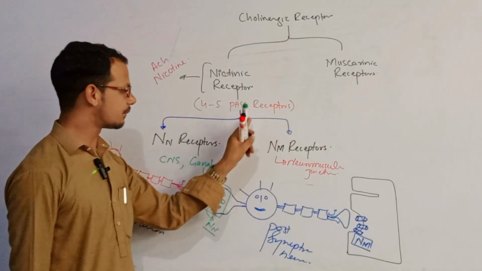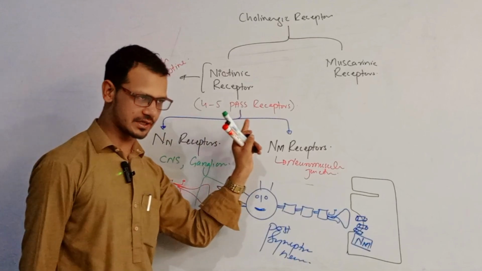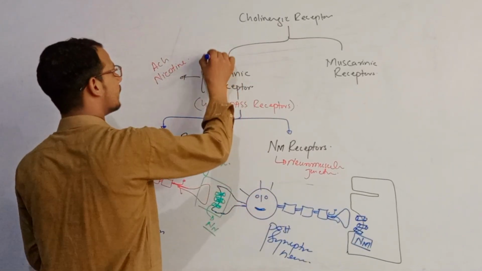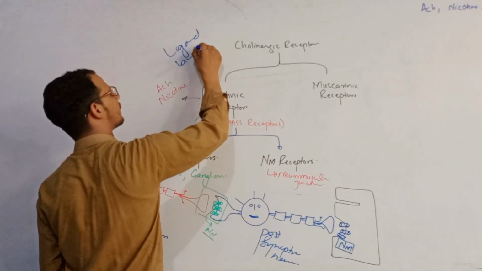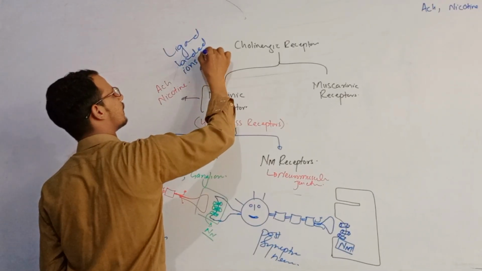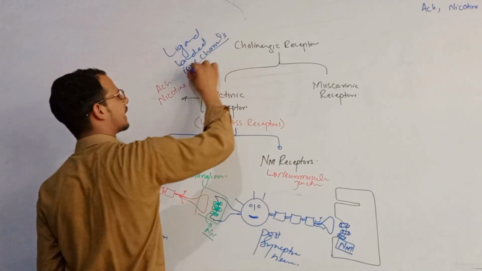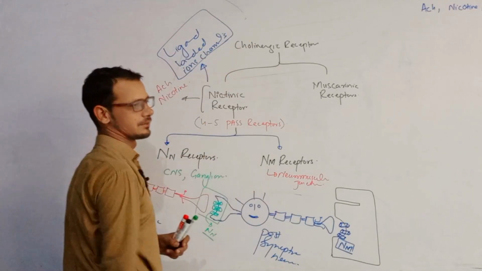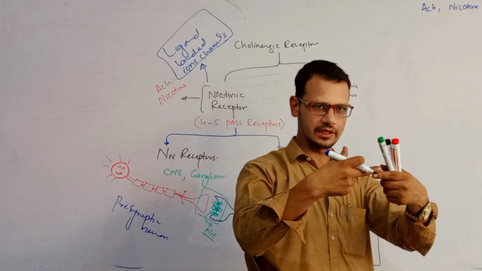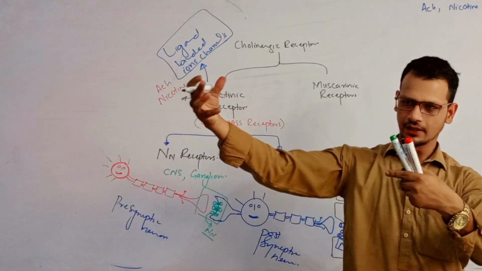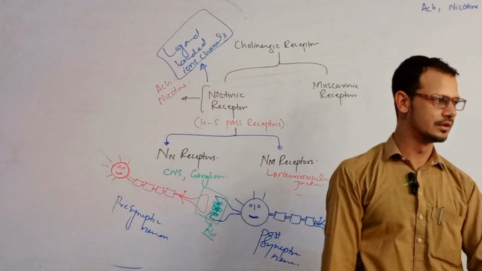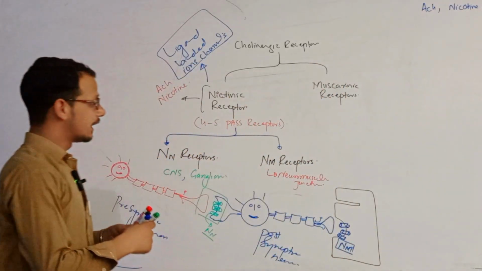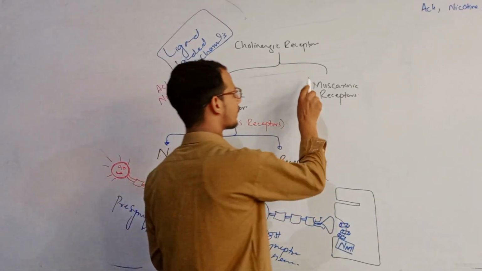These are the 4 to 5 pass receptors, meaning they are ligand-gated ion channels. I have discussed the mechanism: they have an inhibin protein. When the ligand is attached to the ligand binding site, the inhibin protein opens and sodium rushes into the cell, right?